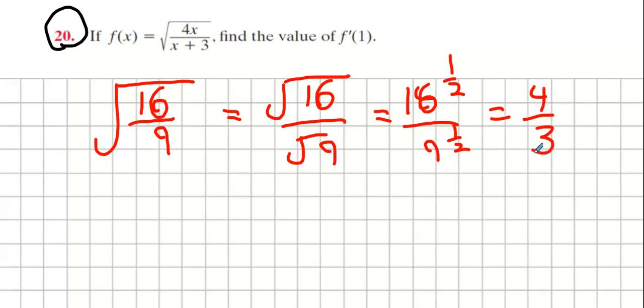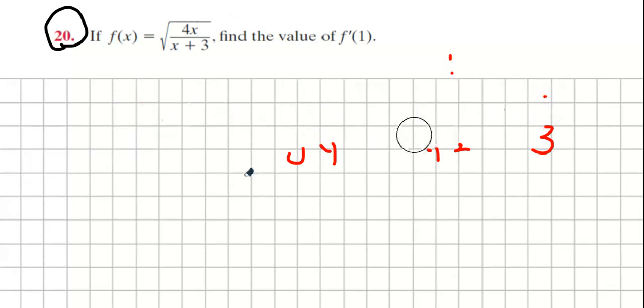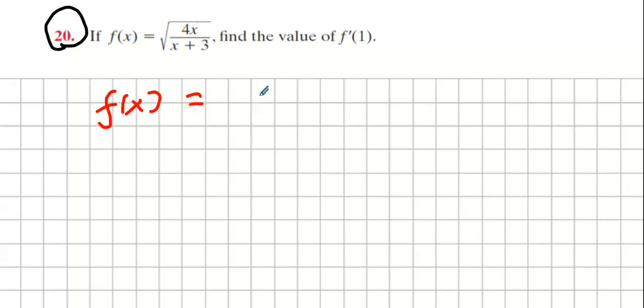Given the information I just taught you, what do you think the first step in doing this question would be? Separate out what? Square root sign. So square root of 4x and then square root of x plus 3. We make this even easier on ourselves. There's another rule for square roots.